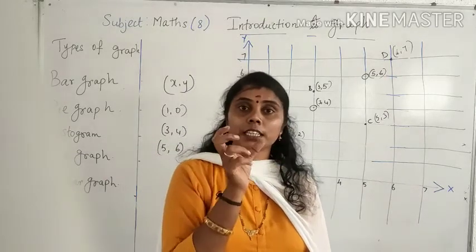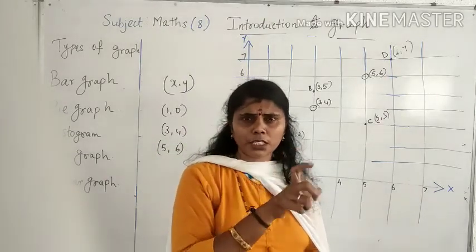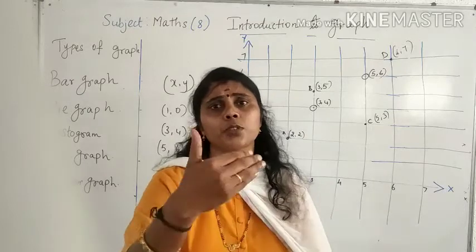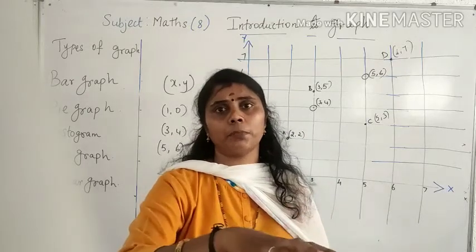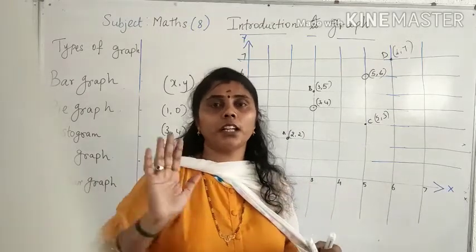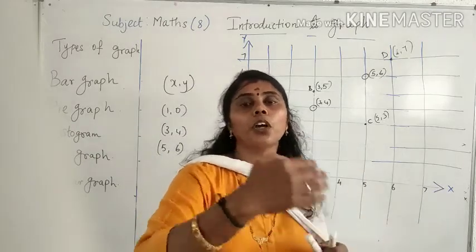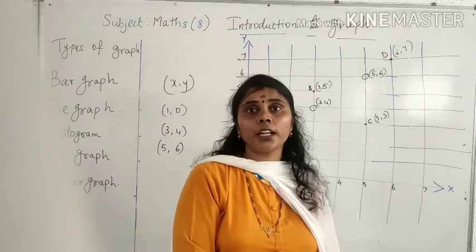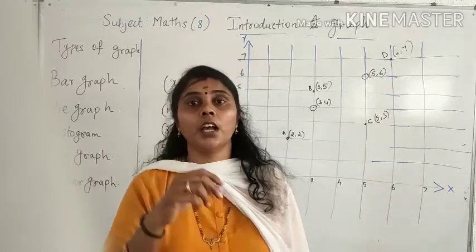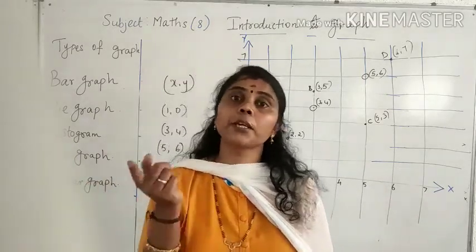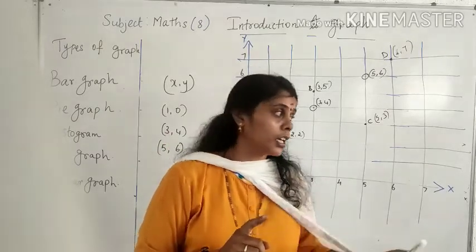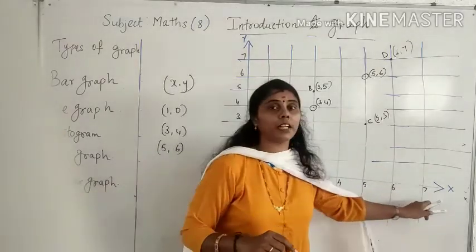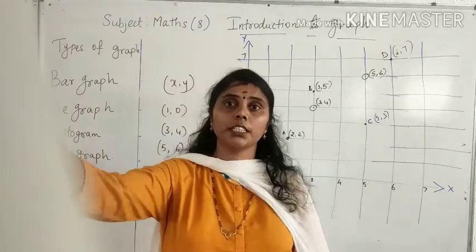Suppose you deposit some amount in the bank, your interest will be like that. If you invest more, then you will get more interest also. Here investment becomes your independent variable and interest is the dependent variable. Suppose x is the independent variable, then y becomes the dependent variable.